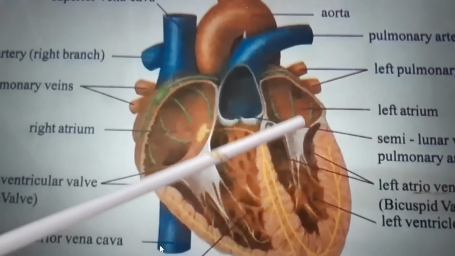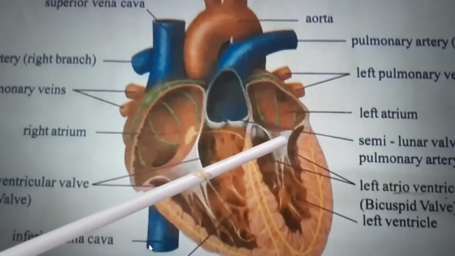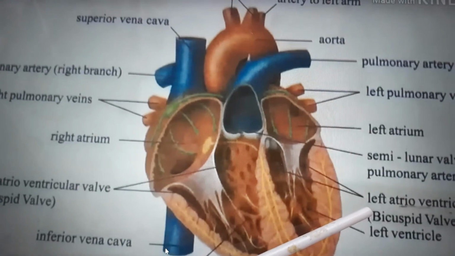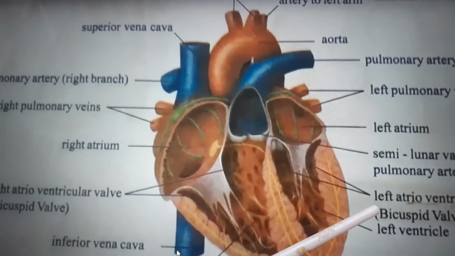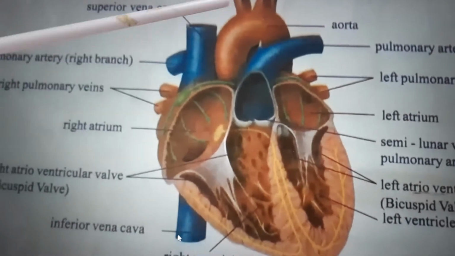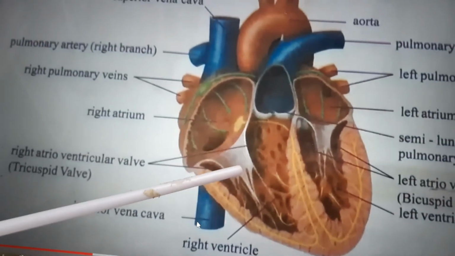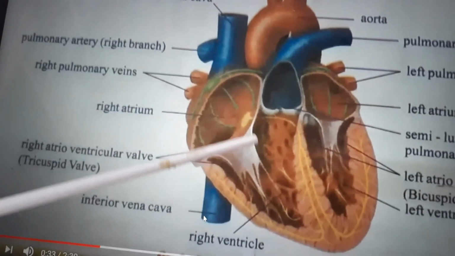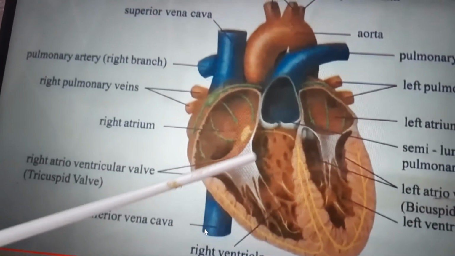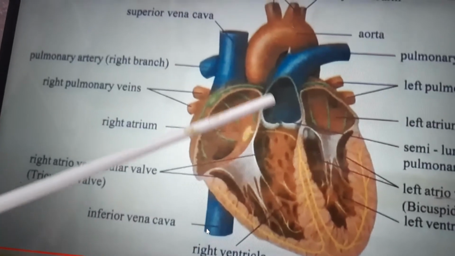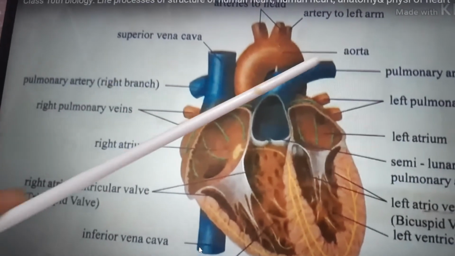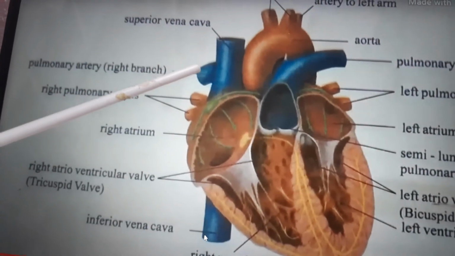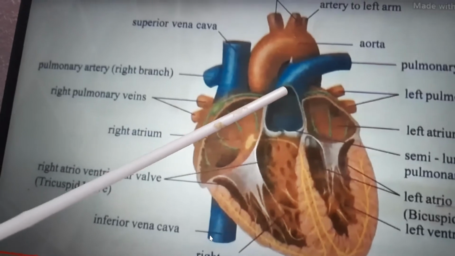This left auriculoventricular aperture is also guarded by another valve that is named the bicuspid valve or mitral valve. And here is another valve which originates from the pulmonary artery. The pulmonary artery originates from the right ventricle and gives rise to 2 branches that enter the 2 lungs, which are present beside the heart.